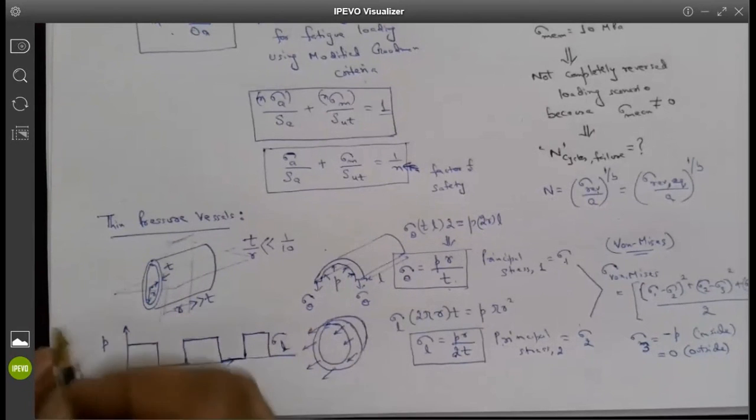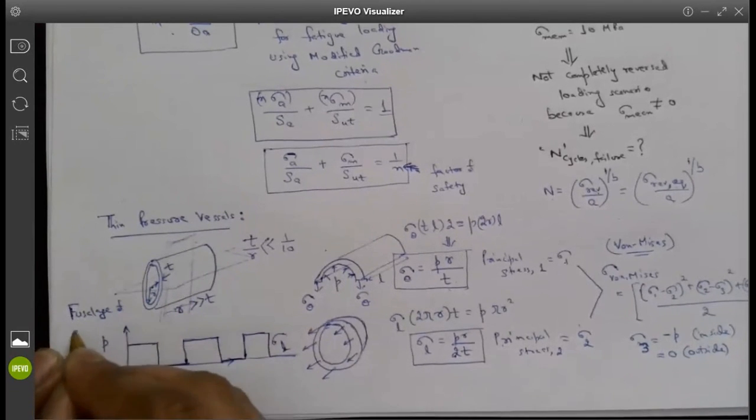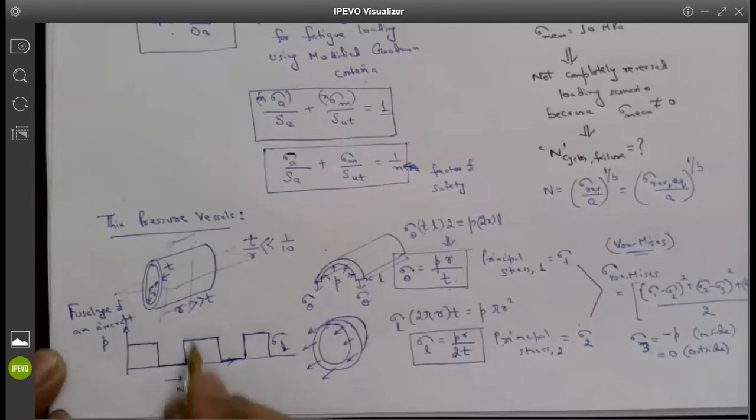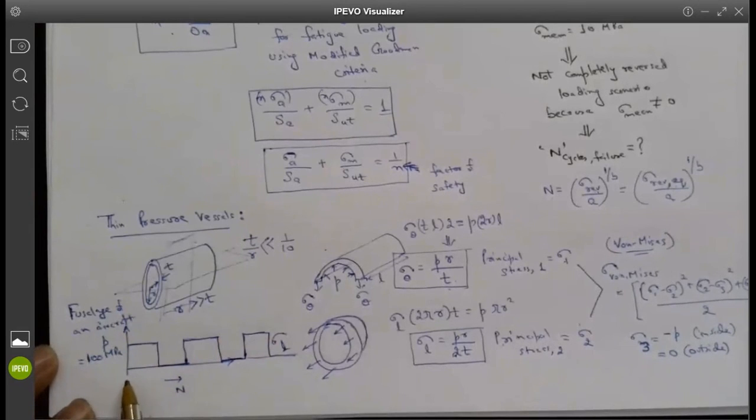And this is specifically, let's say, the fuselage of an aircraft, and it undergoes this type of pressurization and depressurization. Now, let's say this pressure is 100 megapascals. What is going to be sigma 1 and sigma 2, and sigma 3, for this?